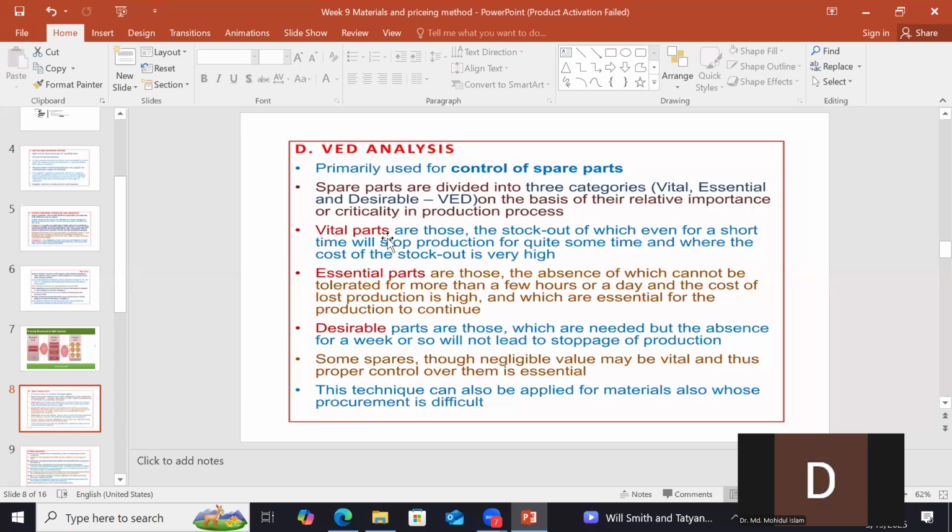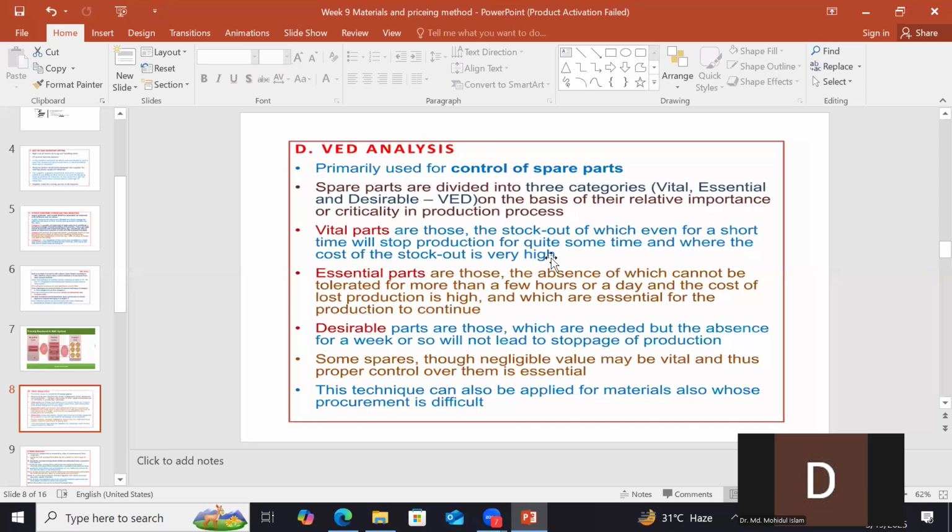VED. At first, vital parts. Vital parts are those the stock out of which, even for a short time, will stop production for quite some time, or where the cost of stock out is very high.